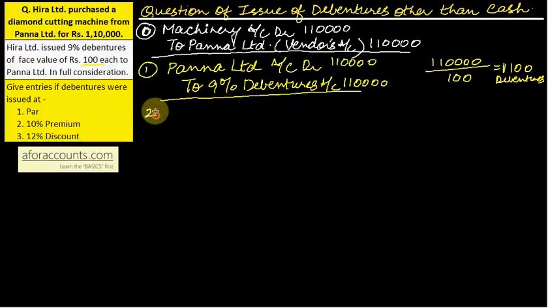Now, the second case, when you are issuing the debentures at 10% premium. So, what will be your entry? You are paying to the vendor. So, vendor's account debit here. That is Panna Limited account debit. To 9% debentures.